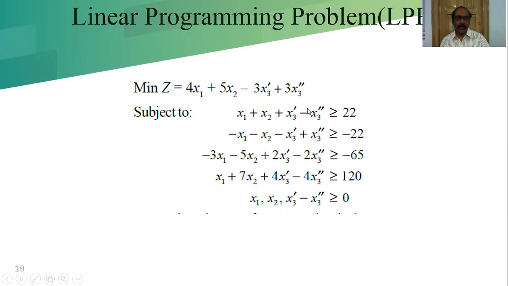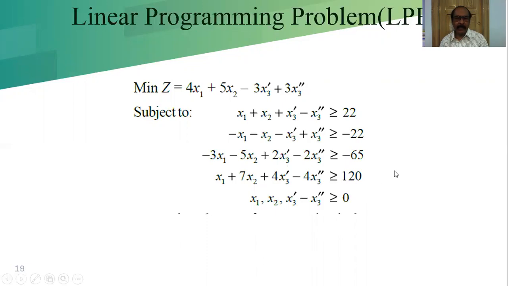The same constant we will get with the negative sign: minus W1 dash plus W1 double dash minus 2 W2 minus 4 W3 less than or equal to 3. So the second one, third one we have to convert.